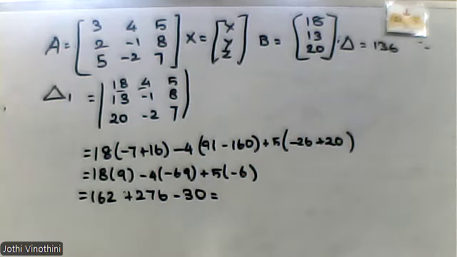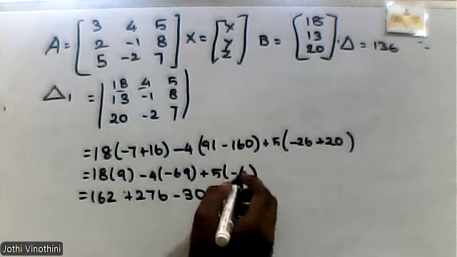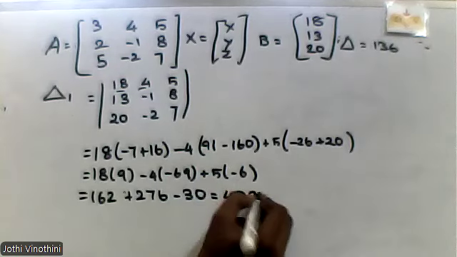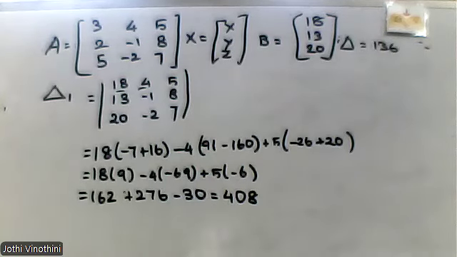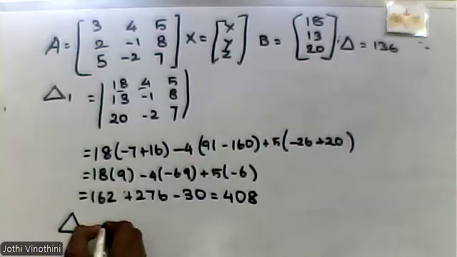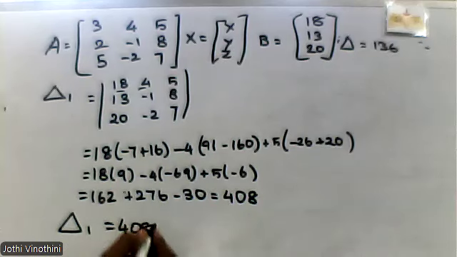When we add and subtract, we get 408. Clear? Clear. So this is what we find. We can simply write del 1 equals 408. Clear? Clear. I will give you 1 minute so that you can copy this and we will move to the next step.